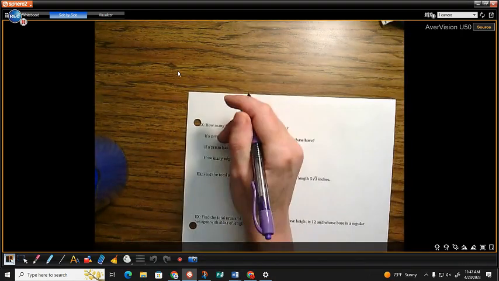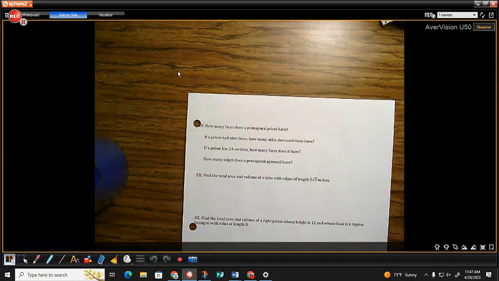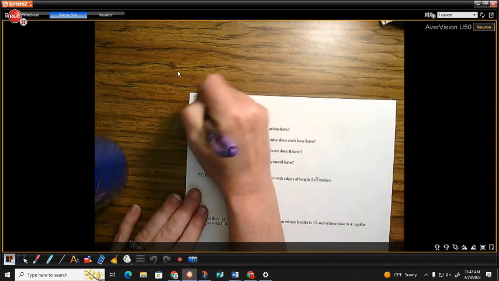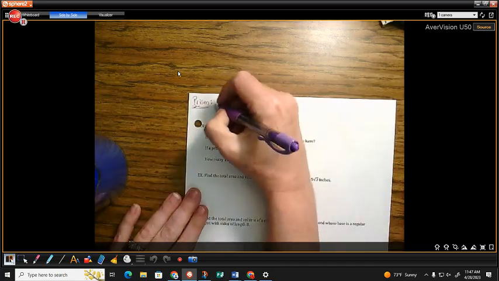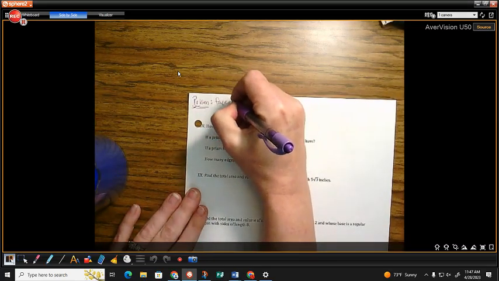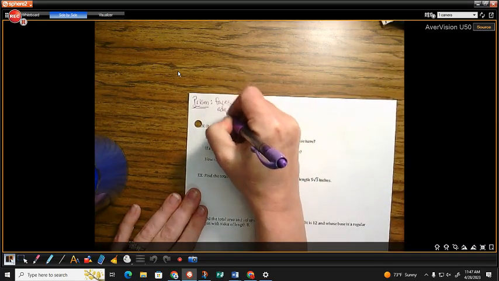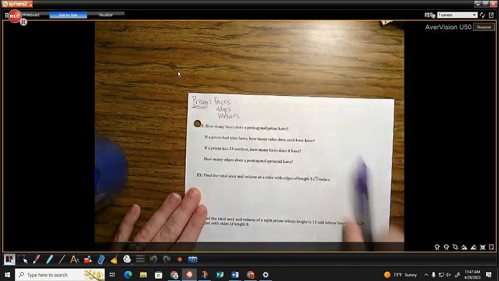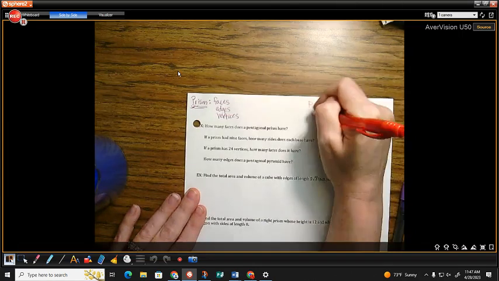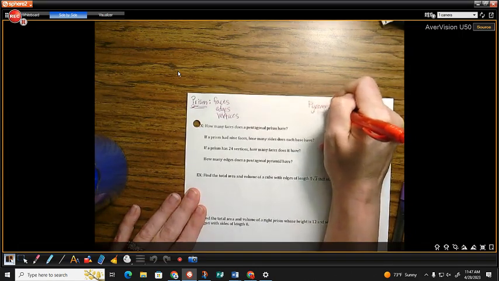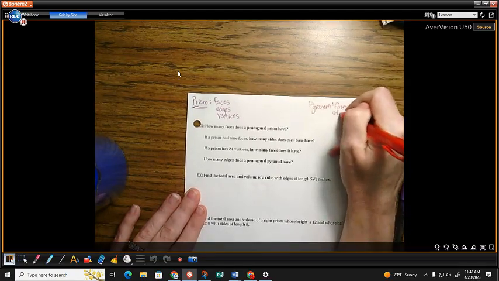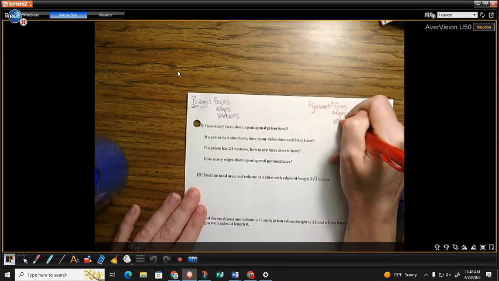Okay? So all of our 3D shapes we've been using have the same parts. Prisms have faces, edges, and vertices. And pyramids have faces and edges and vertices.